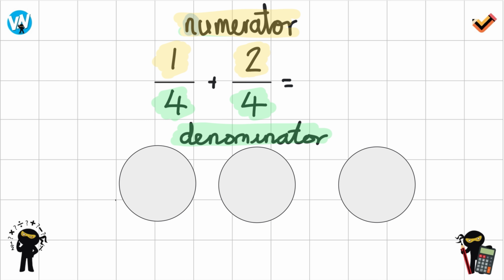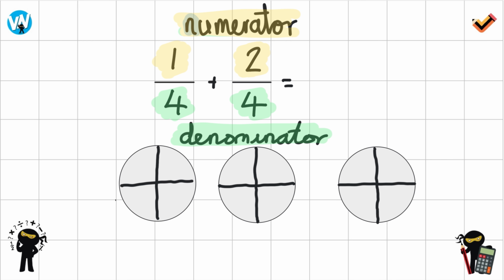So we can share this shape roughly into 4, imagining that these are completely equal. My wiggly lines don't necessarily show that, but essentially we're thinking about the whole as broken into 4 parts, and that's what the denominator is representing. We can shade that in a little bit.